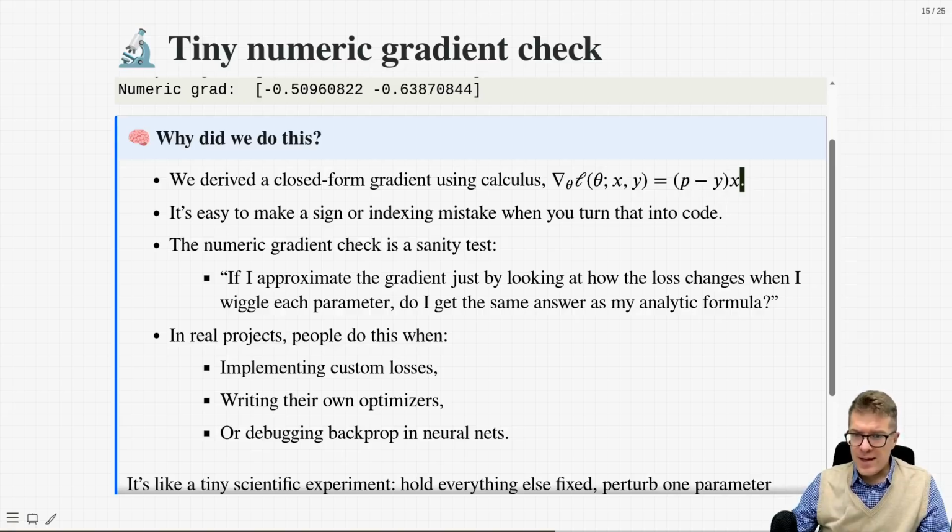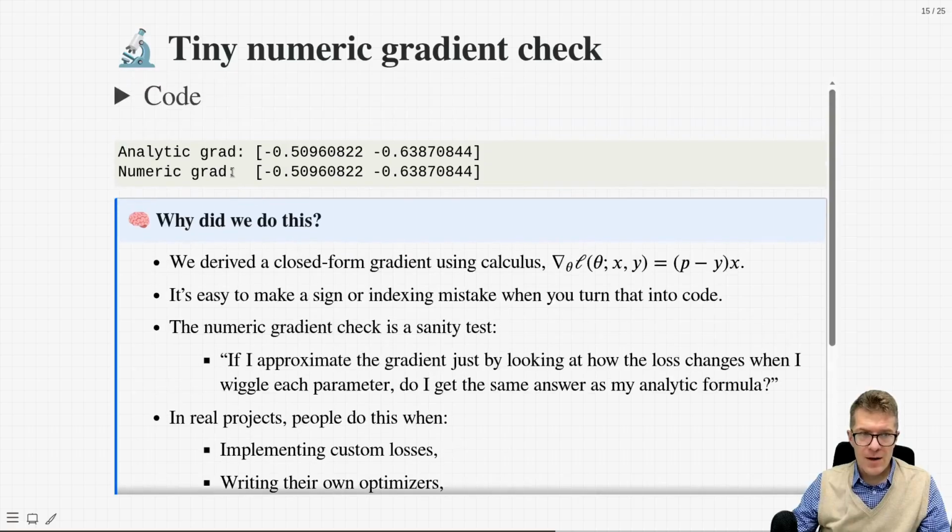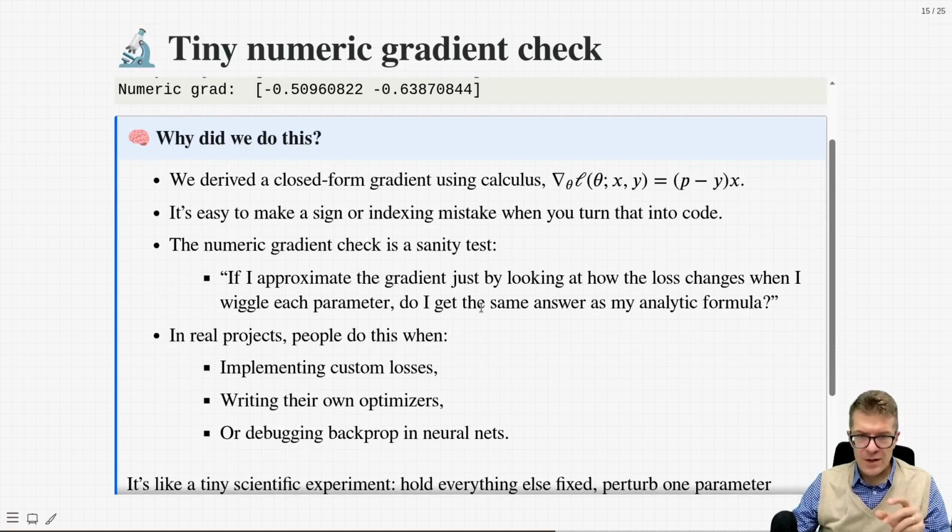Now, it can be easy to make mistakes, and sometimes these functions are not so easy to find closed forms for. So we did this little numeric experiment by jiggling our parameters a little bit around the current parameter set, looking at the differences in the loss, and using those differences to estimate the differentiation, or what the gradient would be.